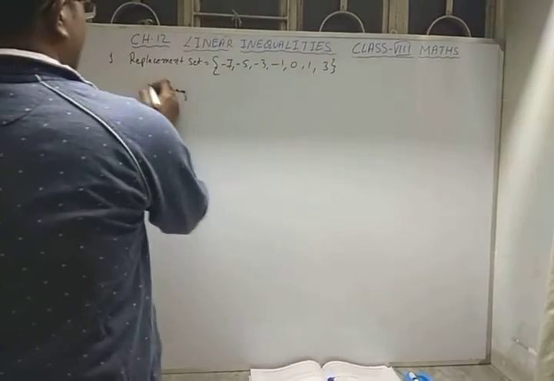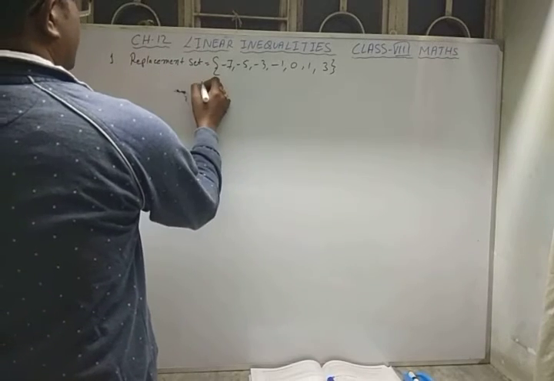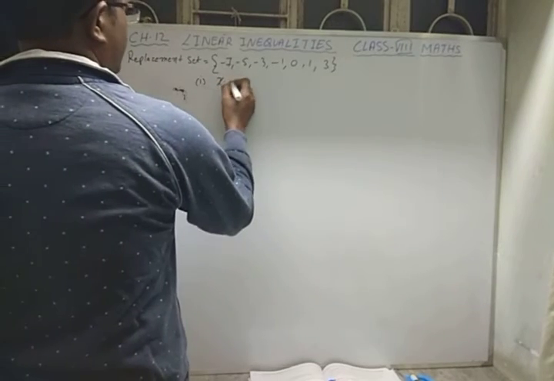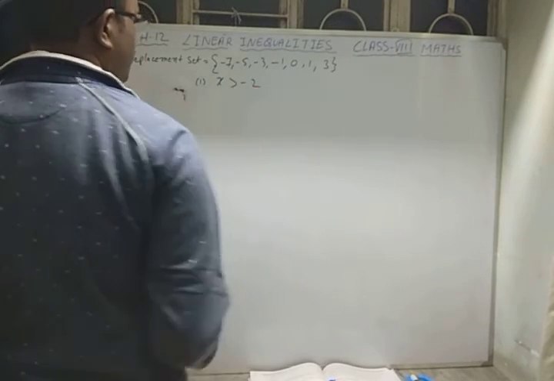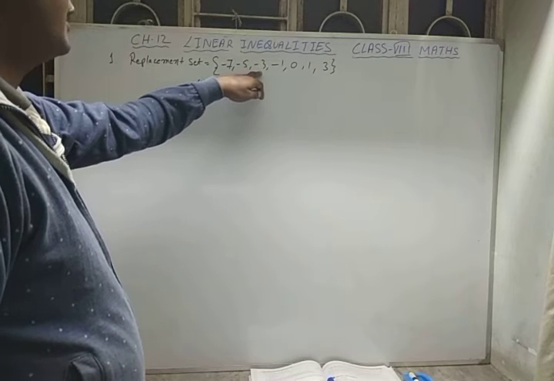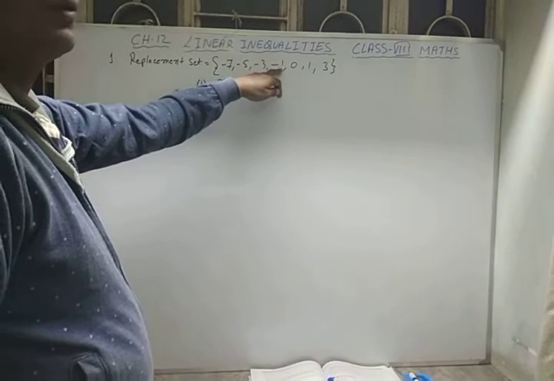The first part asks: x is greater than minus 2. That means x should be greater than minus 2. Where is minus 2? It lies between minus 3 and minus 1.